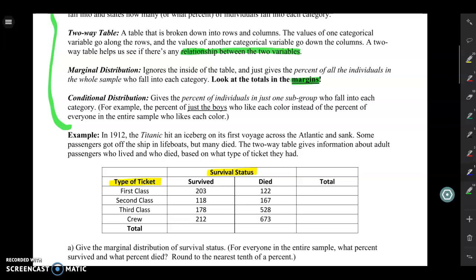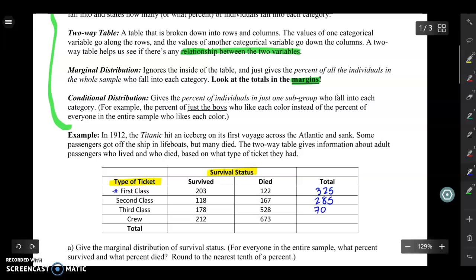If I want the total of this first row, I'm going to add the 203 and the 122 to get 325. That's the total number of people that held a first class ticket. Then I'll add the next row and I'll get 285, and that's how many people held a second class ticket.